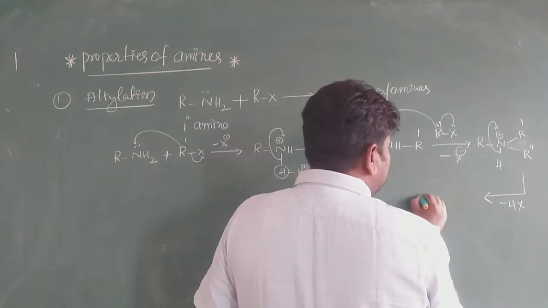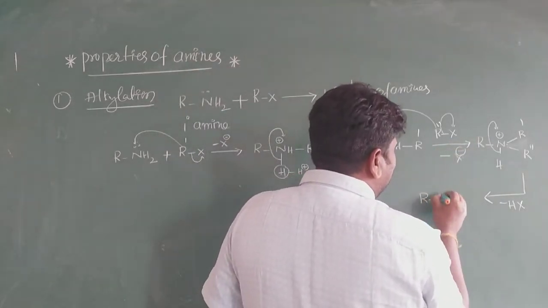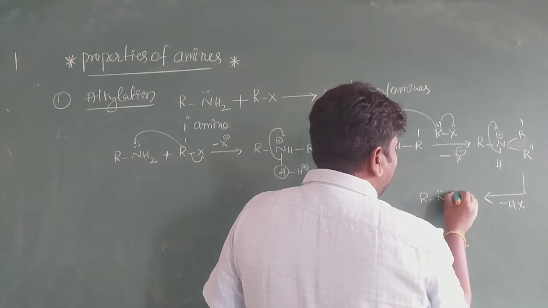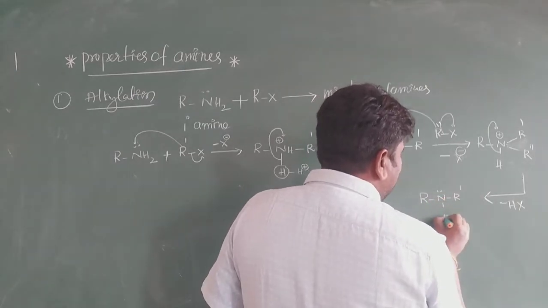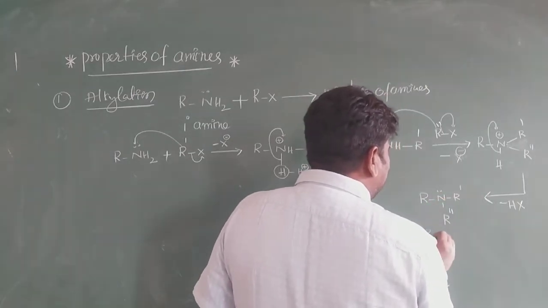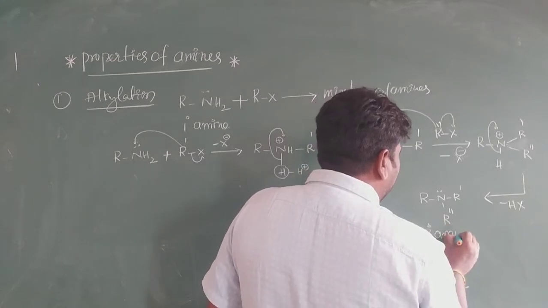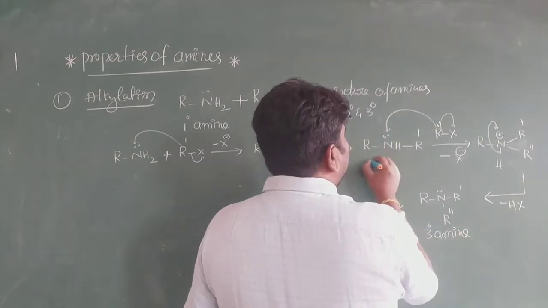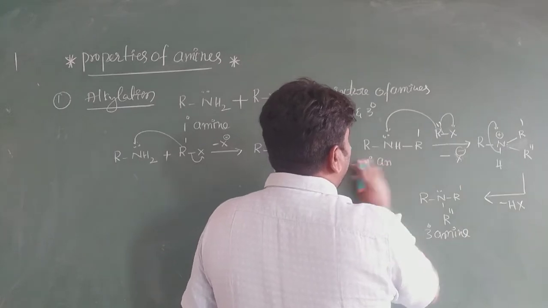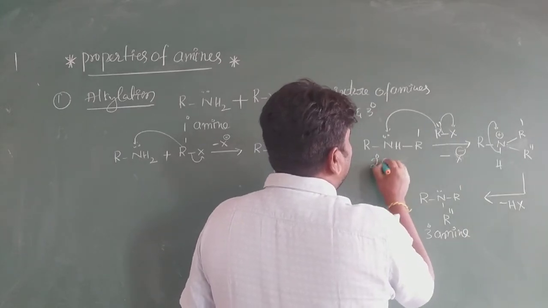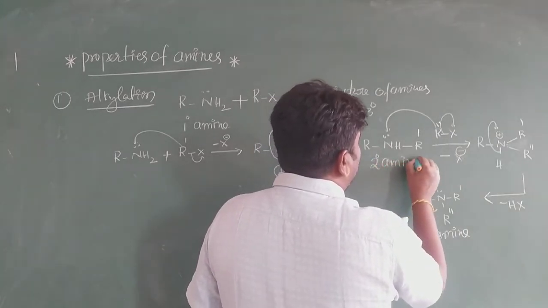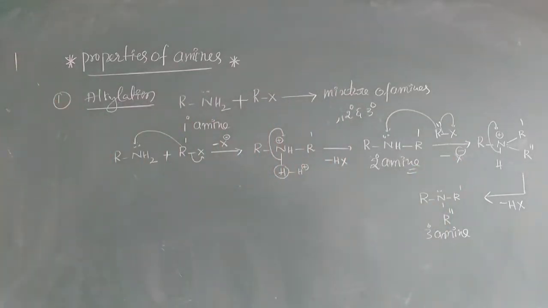See here, this is R and N, lone pair, R dash, and this is R double dash. It is a tertiary amine. Next, it is a primary amine. Sorry, it is a secondary amine. A secondary amine is formed. Okay, my dear students, this is called alkylation.